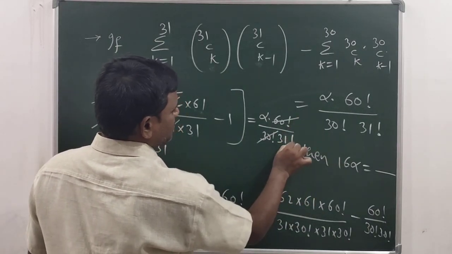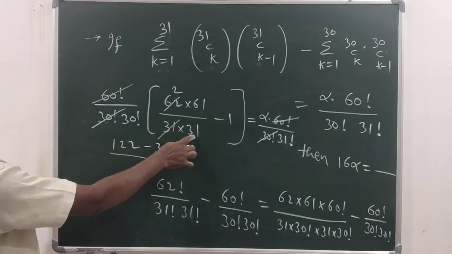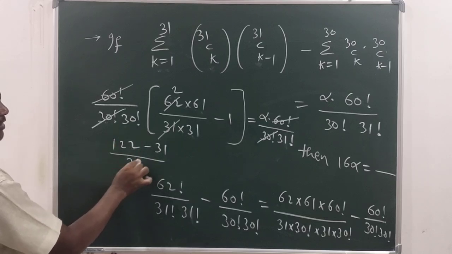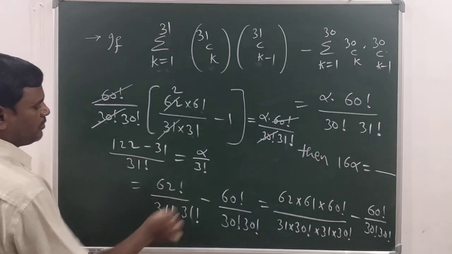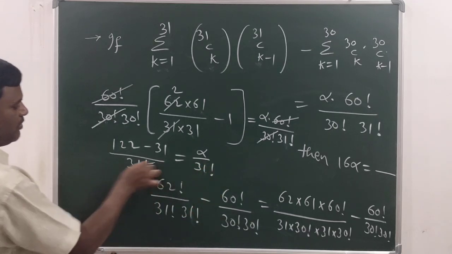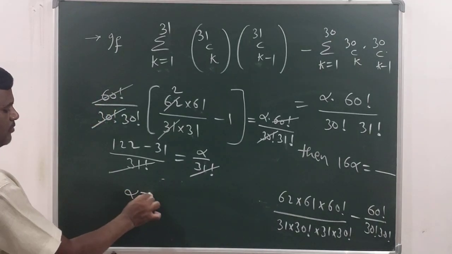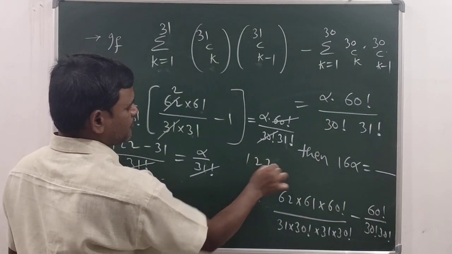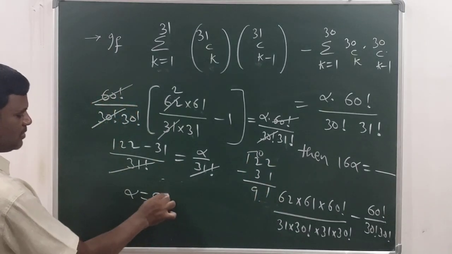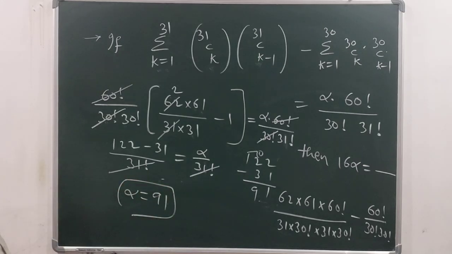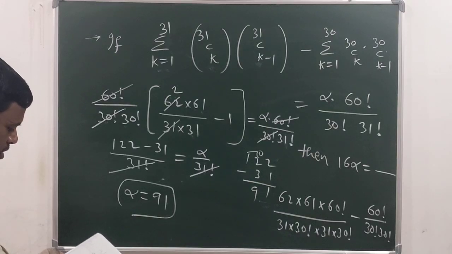Here 31 factorial is given. So in the left side, what is left? Here 31, here 30 factorial, 31 factorial is left. RHS alpha by 31 factorial. Now 31 factorial cancels. Your required alpha will be 122 minus 31, which becomes 91. 91 is your required answer. Okay, right. Next.